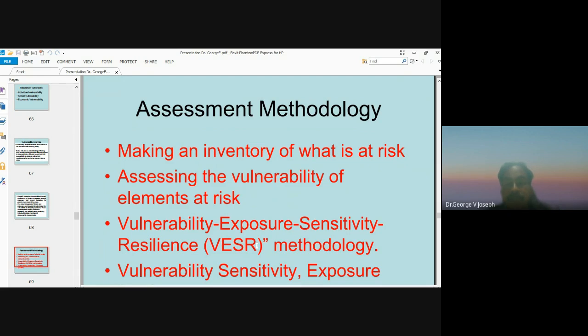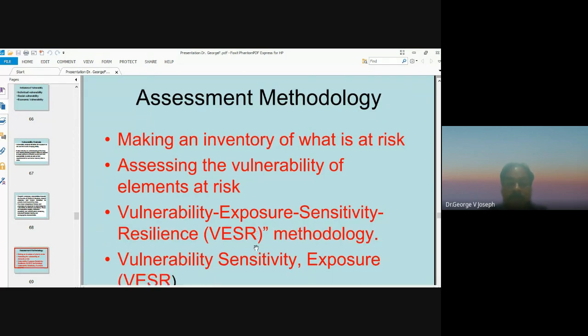Each element, the airport for example, and the various components of that element also need to be assessed for vulnerability, exposure, and sensitivity. What is the vulnerability? How many people are exposed? What is the sensitivity, and what type of resilience is there?